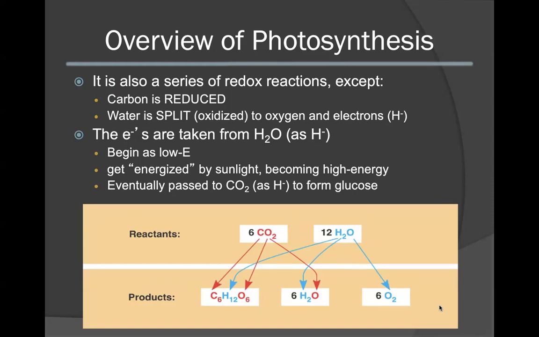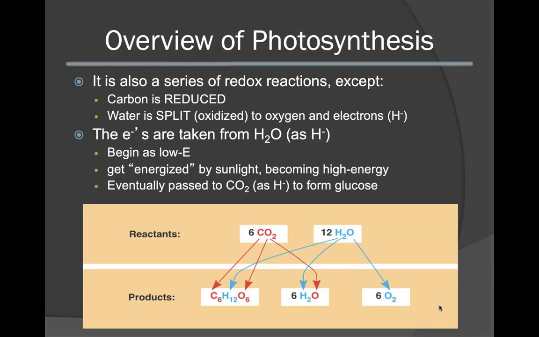On the other hand, the water of our reactants is being split, or oxidized, and allows for the production of oxygen. This also will allow for electrons to be formed in the form of hydride ions. The electrons are going to be stripped away from this incoming water as hydride ions.